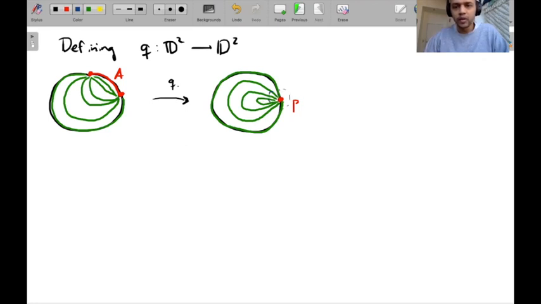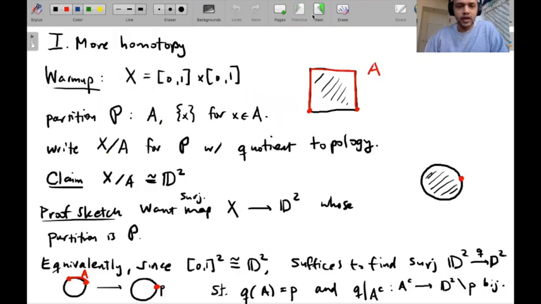But since we're just working with pictures, let me explain near P. If you pick some open set around P, the preimage of this is going to be something like this: the intersection of this open set with the disk, and that's open. If you're not convinced, you should think a little more about this. But this is a sketch of an argument.